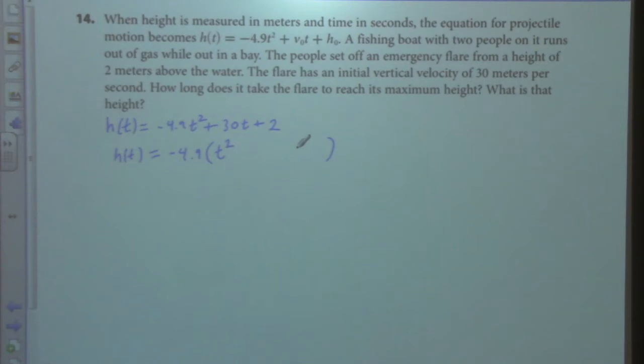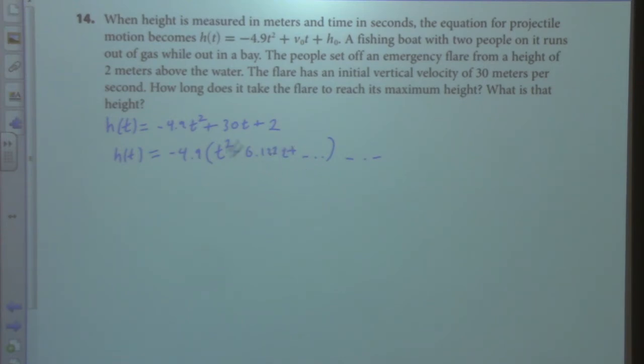Plus something over here. Would it be minus 6.122? So she got minus 6.122t. Is that right?